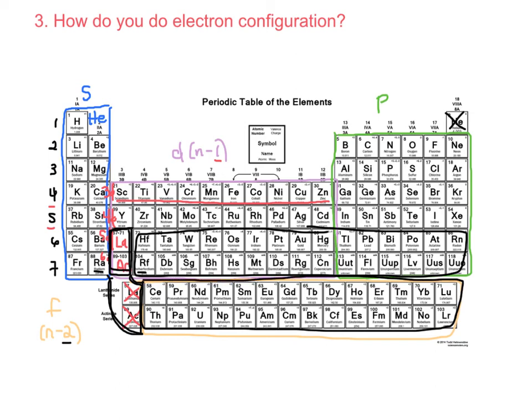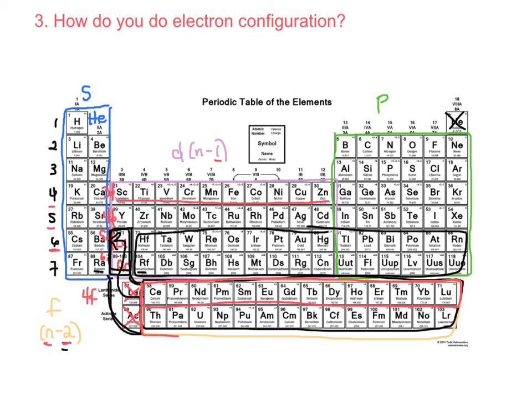And since it is an F block and it's n minus 2, then we call this first row, if that first row actually fits right in here, we call this first row, so we're row 6, right? This first row right here, if it's n minus 2, is 4f, because 6 minus 2 is 4.